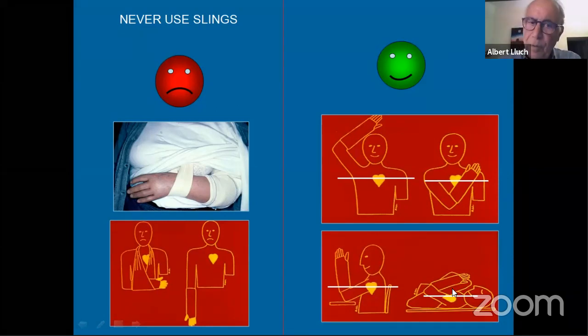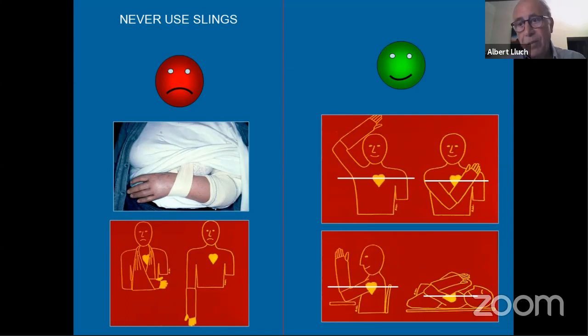The hand, if it moves, never swells up, similar to the feet, because the pumping of the blood comes from muscle contraction. That's why when you walk, your feet never swell up, but they will swell up if you take off your shoes and sit on an airplane, for example, for a long period of time. So the hand, when it's not moving because of a lesion, should always be elevated over the axillary level.